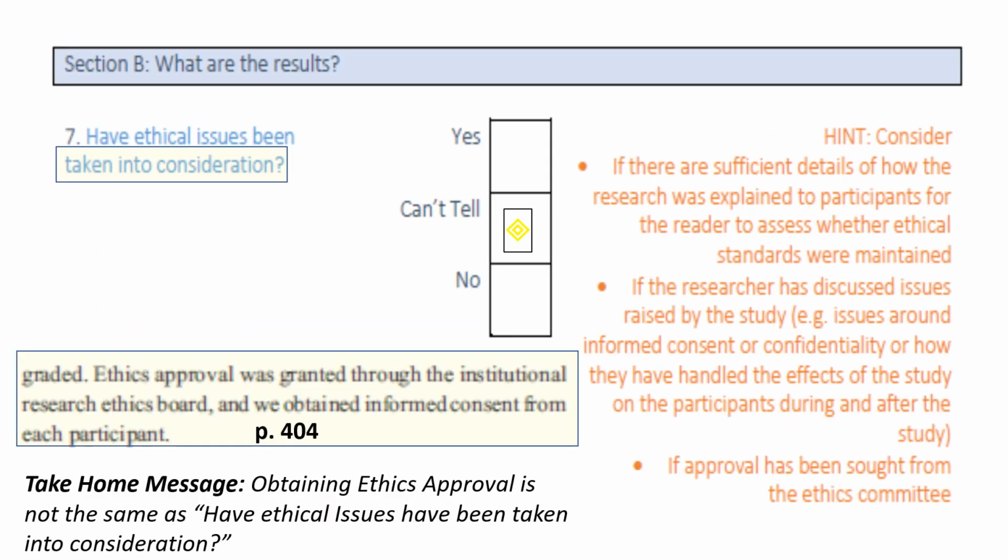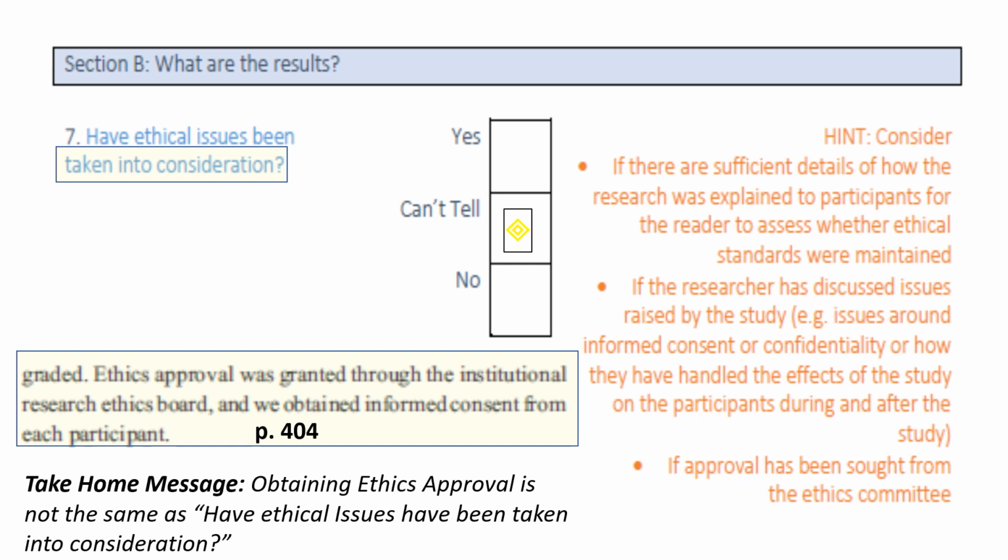Moving on to question 7, have ethical issues been taken into consideration? Many people have concerns about this sort of question because an ethics application is a plan for conducting research. It's not a guarantee that the plan has been followed in how it's been conducted.